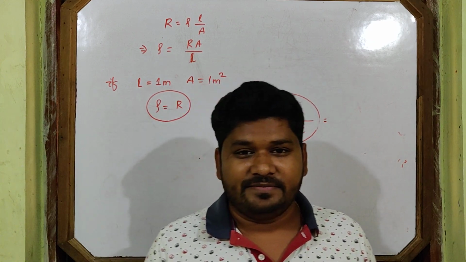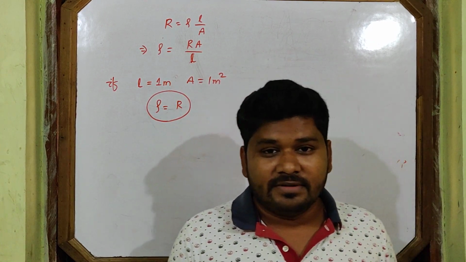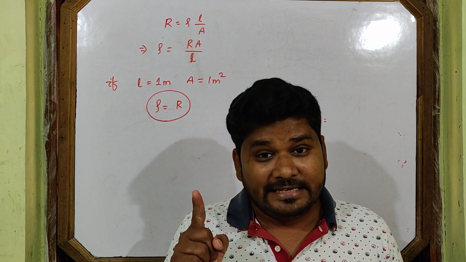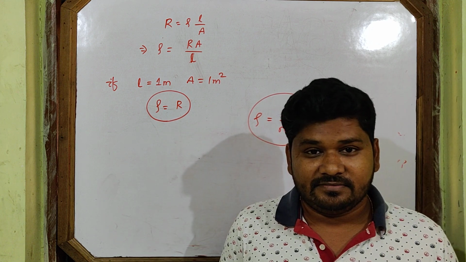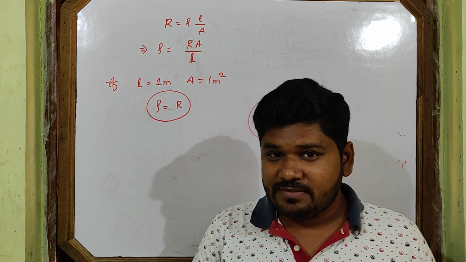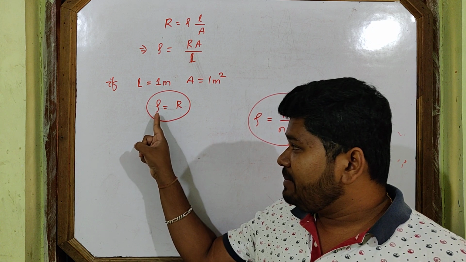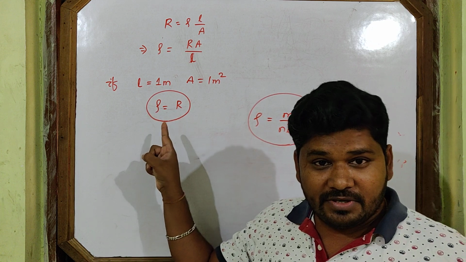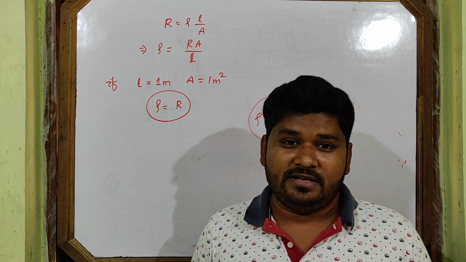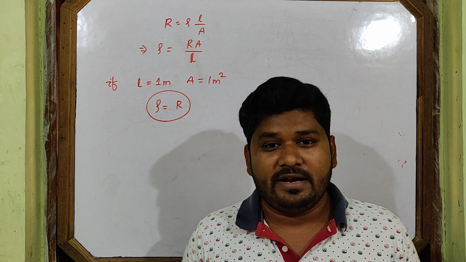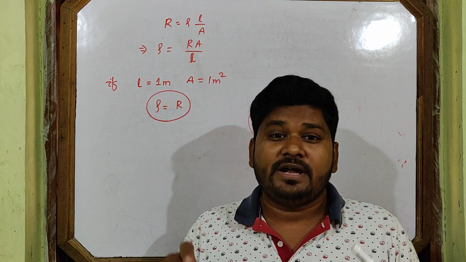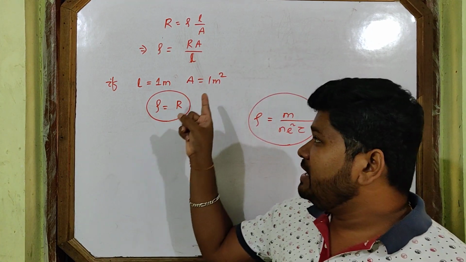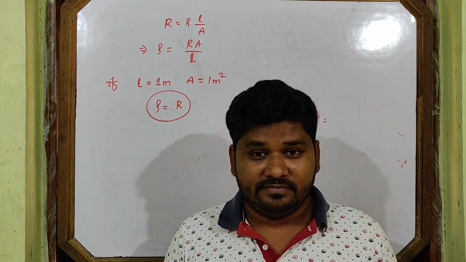How will I write the definition then? Mark the words I am telling you. Resistivity of a material is equal to the resistance of a rod of that material, or of a bar of that material, of length 1 meter and area of cross section 1 meter square.